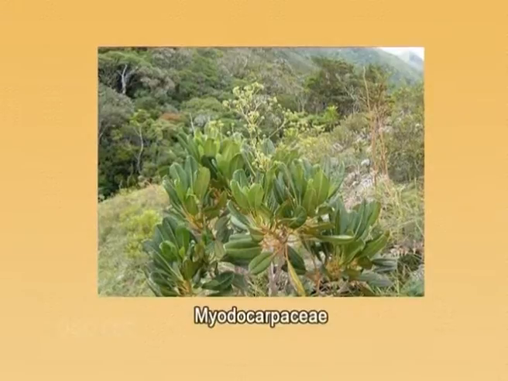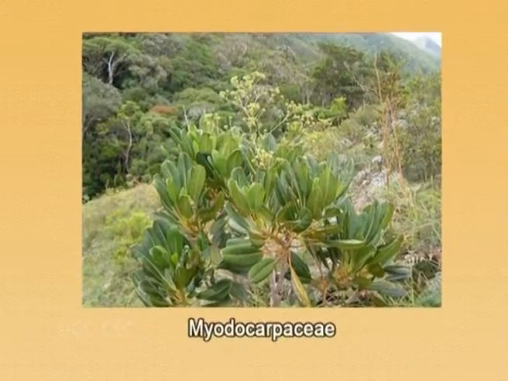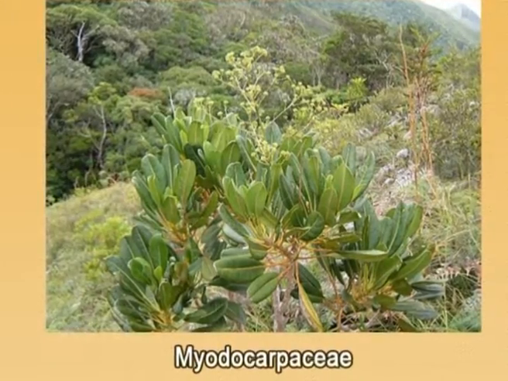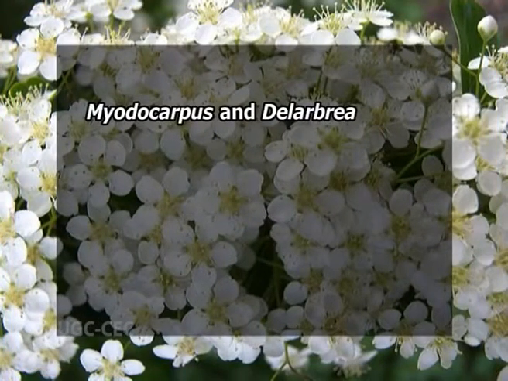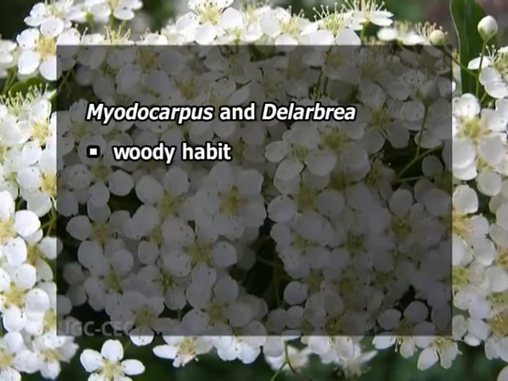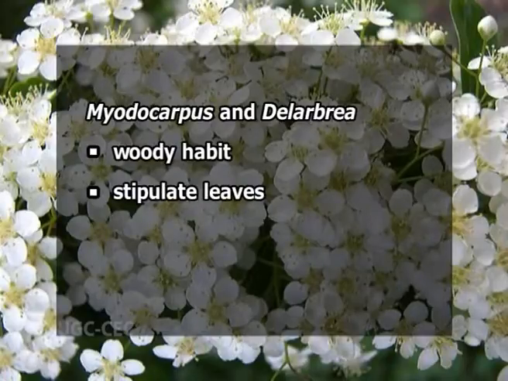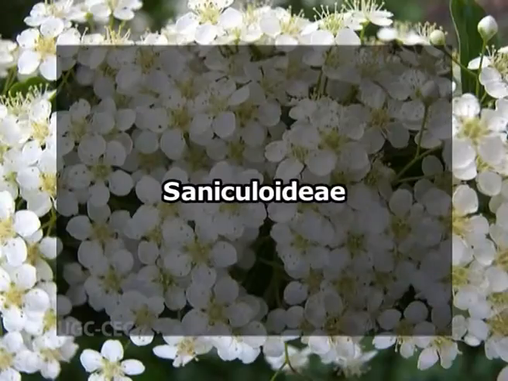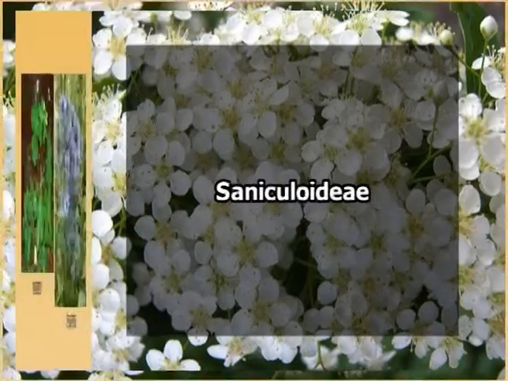Some authors believe that Myodocarpaceae represents a remnant of a basal taxonomic complex, which is characterized by a woody habit, stipulate leaves, a bicarpellate ovary, and lastly a schizocarpic fruit. Several clades, sometimes called subfamilies, can be recognized within the family Apiaceae. First of all, the subfamily Saniculoideae.